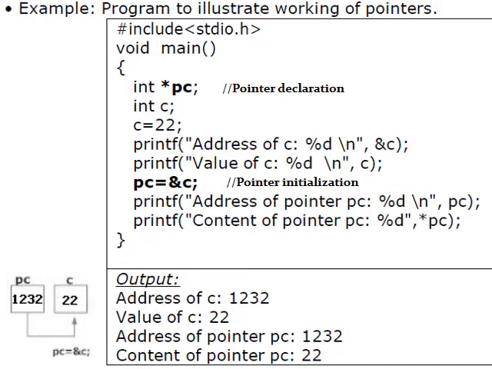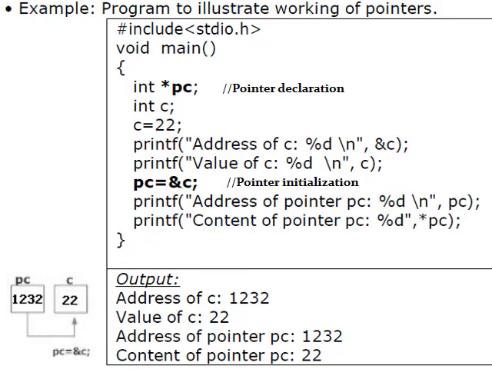For that we have declared one more variable, a normal variable int C, where C is equal to 22. We have stored the value as 22. Now we are initializing the pointer. How to initialize the pointer? Initialization is nothing but assigning the address of a variable to a pointer variable. That is done by using PC is equal to &C. That will do the initialization task.